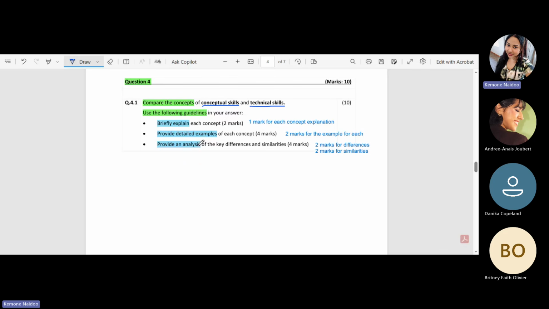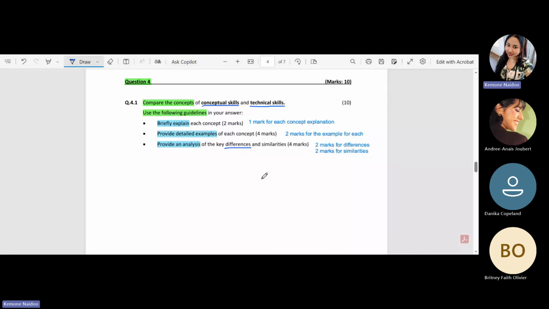Okay, and then provide an analysis of the key differences and similarities. So here you can estimate if it's 4 marks, it's 2 marks for the differences, 2 marks for similarities. You should have a few points for each. So break the question down as well and firstly talk about the differences to make sure that you hit all the differences.